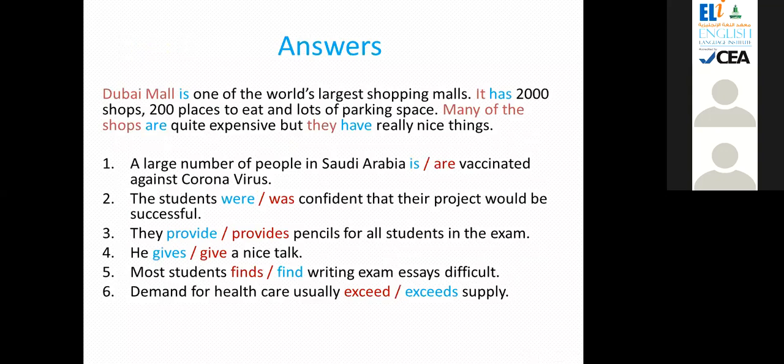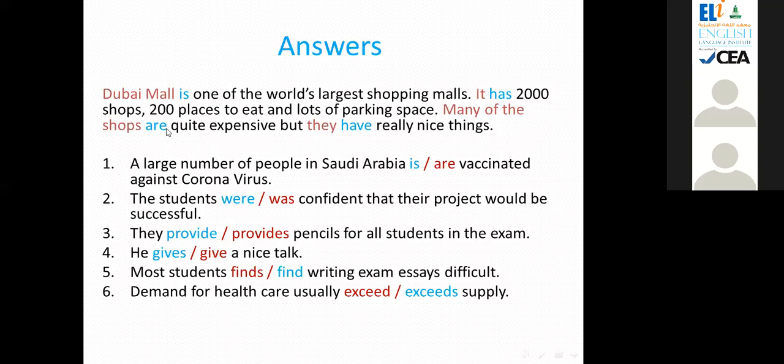Okay. Here are the answers, always highlighted in blue. Dubai Mall is one of the world's largest shopping malls. So we use is to agree with the singular subject. Here it has, now they agree with each other because they are both singular.